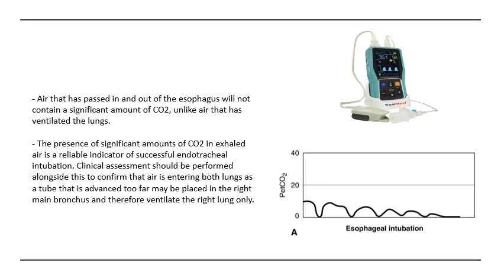The presence of a significant amount of carbon dioxide in exhaled air is a reliable indicator of successful endotracheal intubation. So clinical assessment should be performed alongside this to confirm that air is entering both lungs, as a tube which is advanced too far may be placed in the right main bronchus and therefore ventilate the right lung only.